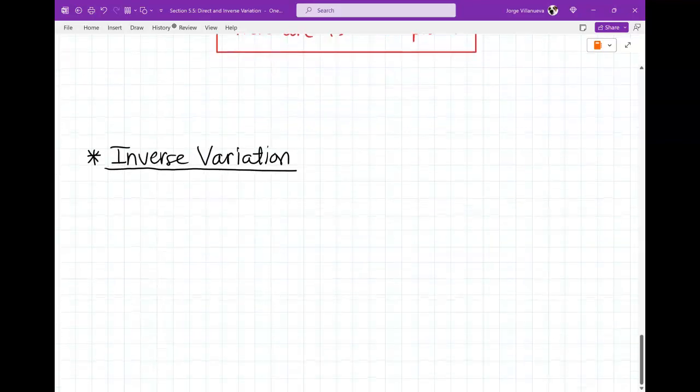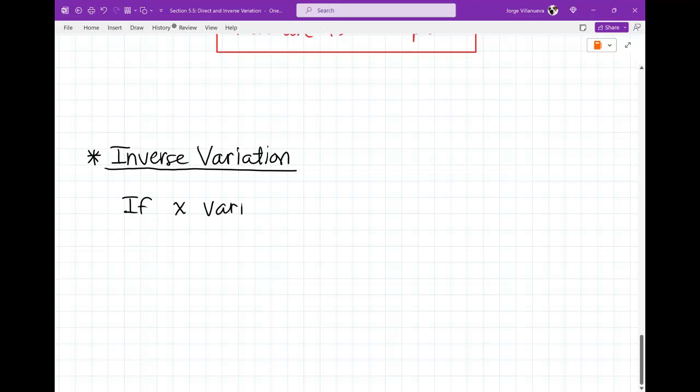Normally, you might see if x varies inversely as y. Sometimes when it's not a big old word problem, they might just write that down. Then k is equal to xy. Again, k is the constant of proportionality, so it's just not going to change. I'm not going to rewrite it. K is just the constant of proportionality, right?